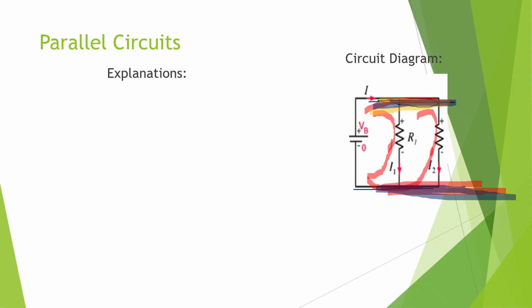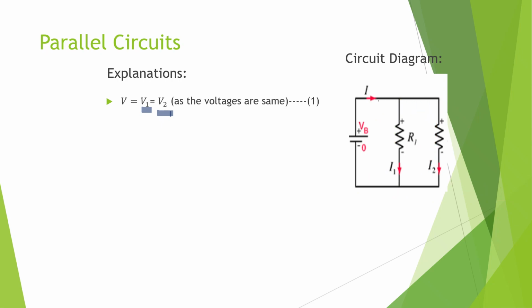First we will see what the voltage is in the parallel circuit. Let us take the voltage across R1 as V1, and the voltage across R2 as V2.